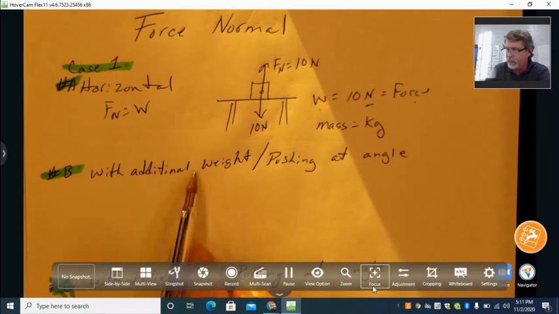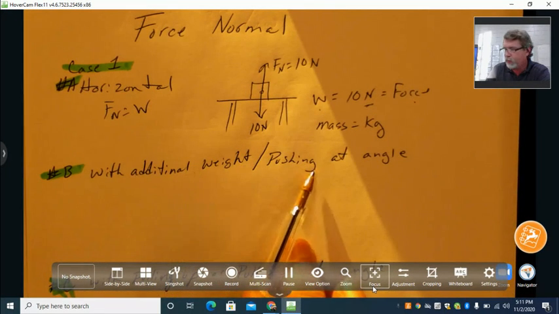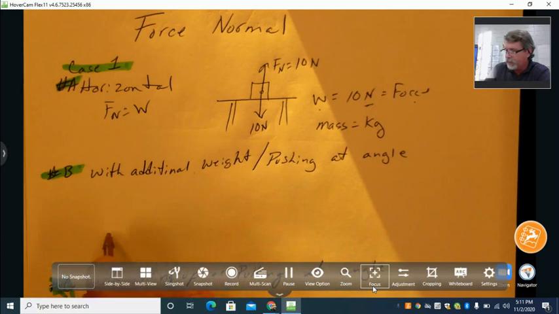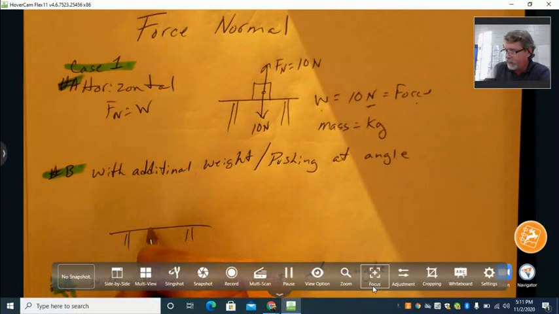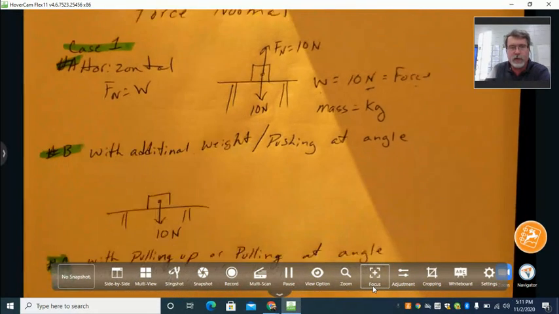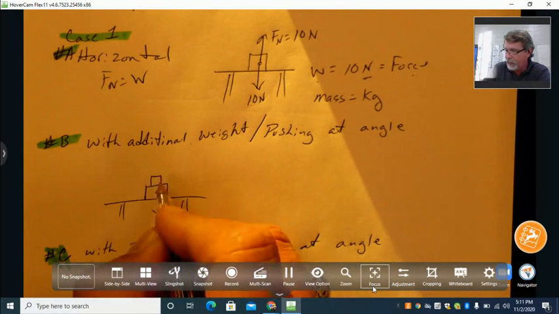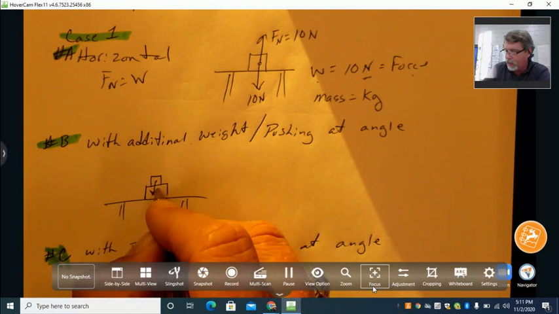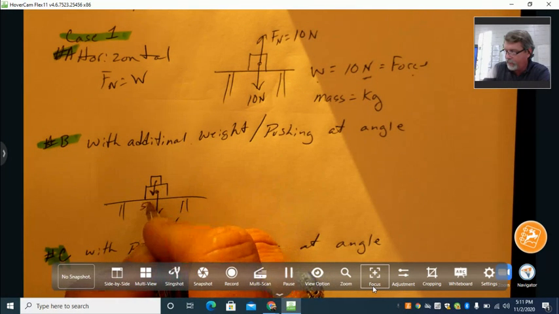All right, what about if we have some additional weight on it or someone's pushing at an angle? So if we start over here and we have our box, and again we'll give that 10 newtons, okay, going down. So let's say we add another box on top of it, and that box has a weight of 5 newtons, okay?